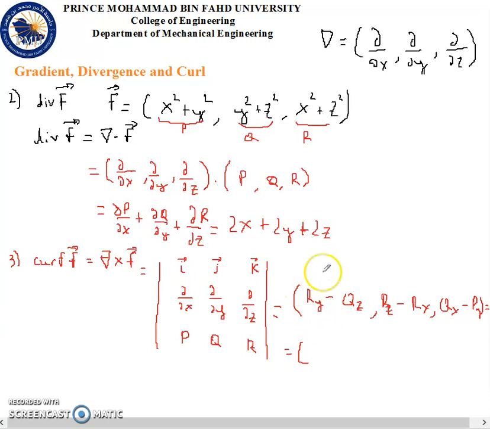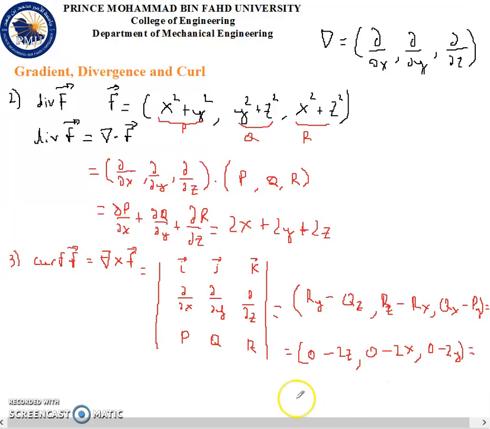So Ry will be 0, minus Qz is 2z. Pz is 0, minus Rx is 2x, and on the last component, Qx is 0, minus Py is 2y.